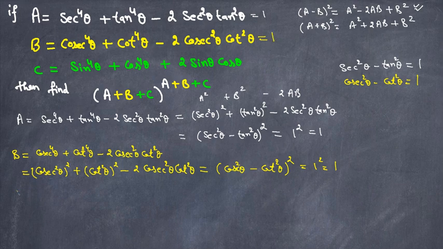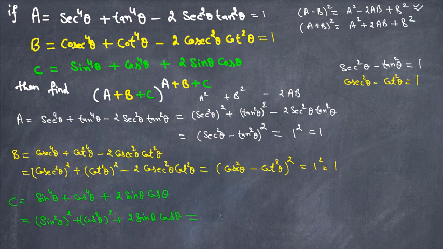Now let's find out c. C is sine raised to power 4 theta plus cosine raised to power 4 theta plus 2 sine theta cosine theta. I'm gonna do the same thing. So sine square theta whole square plus cosine square theta whole square plus 2 sine theta cosine theta.